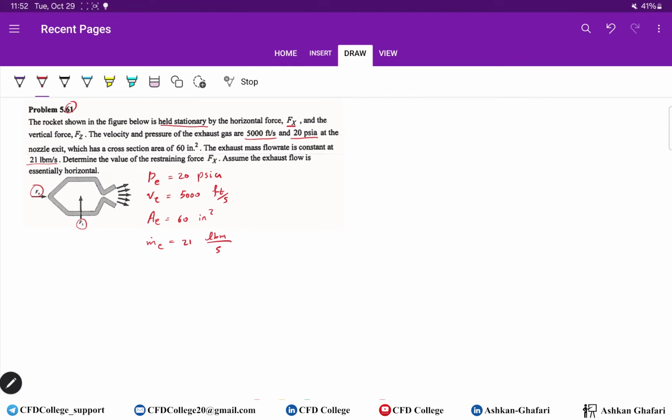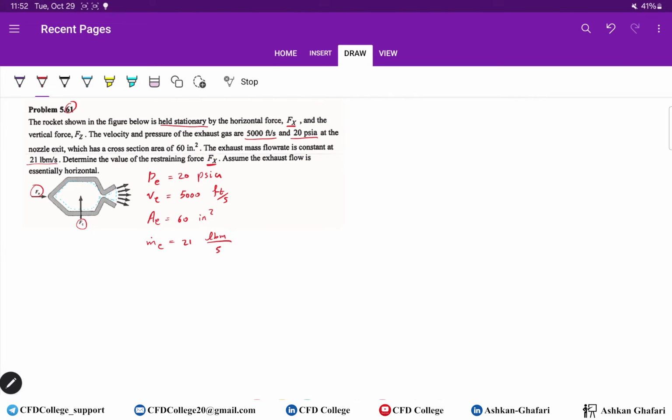Determine the value of restraining force Fx. So we only need to find Fx. Assume the exhaust flow is essentially horizontal. As you know, the first step is to draw the control volume, which is easy because we only have these walls inside and we have only one outlet.